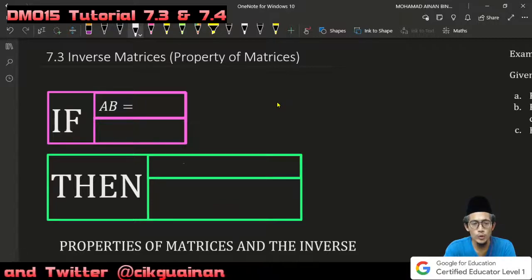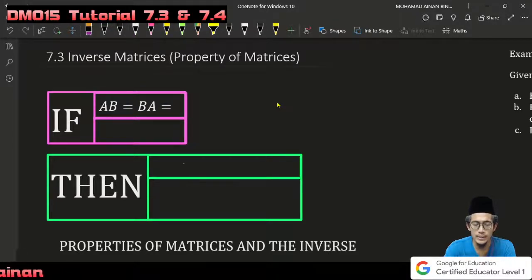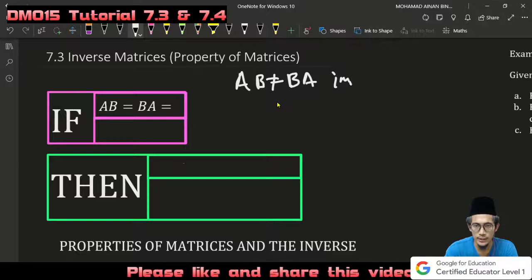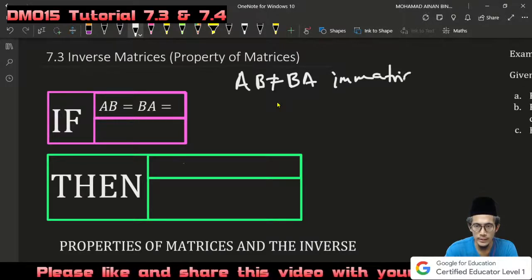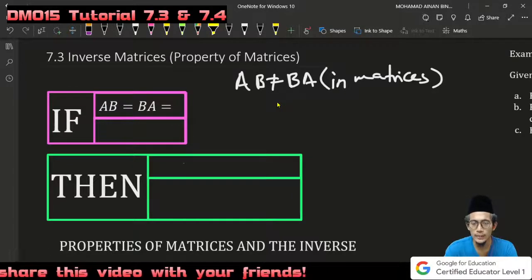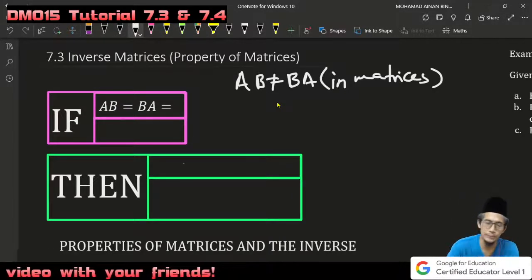So the first concept is if A multiply B, usually A multiply B and B multiply A are not the same. Usually AB tak sama dengan BA. In matrices, dia memang tak sama. Kita tak boleh nak cakap dia sama.